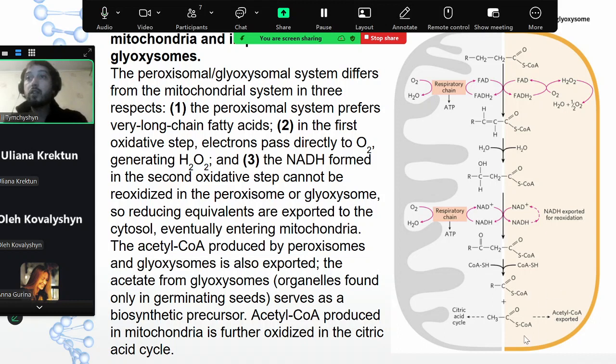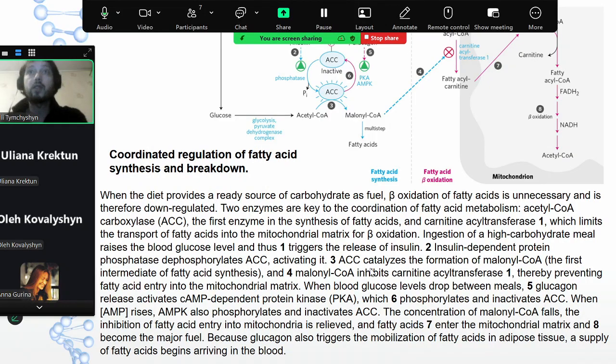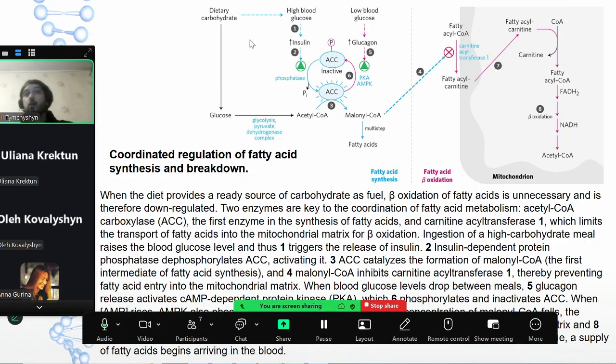In the peroxisome, you can't do that, you don't have any Krebs cycle there, so it is just exported to the outside and then will be picked up by mitochondria or whatever process needs that acetyl-CoA.